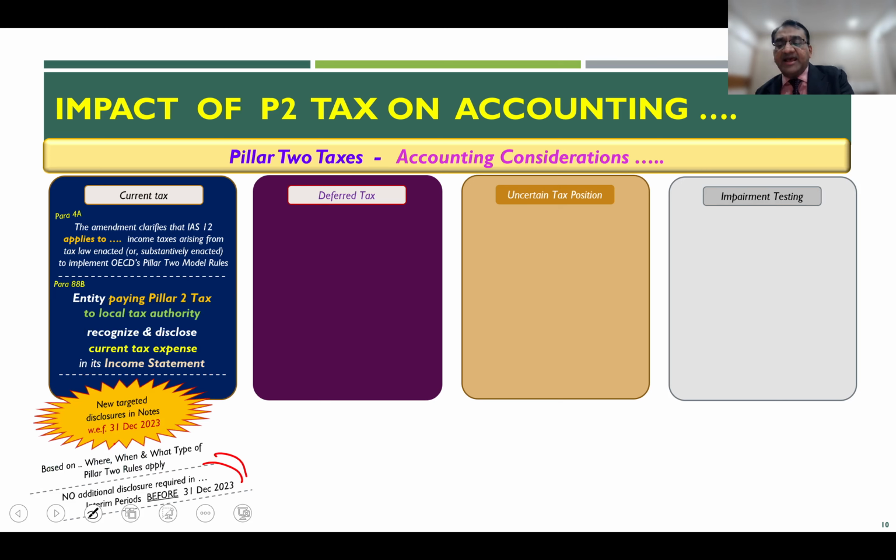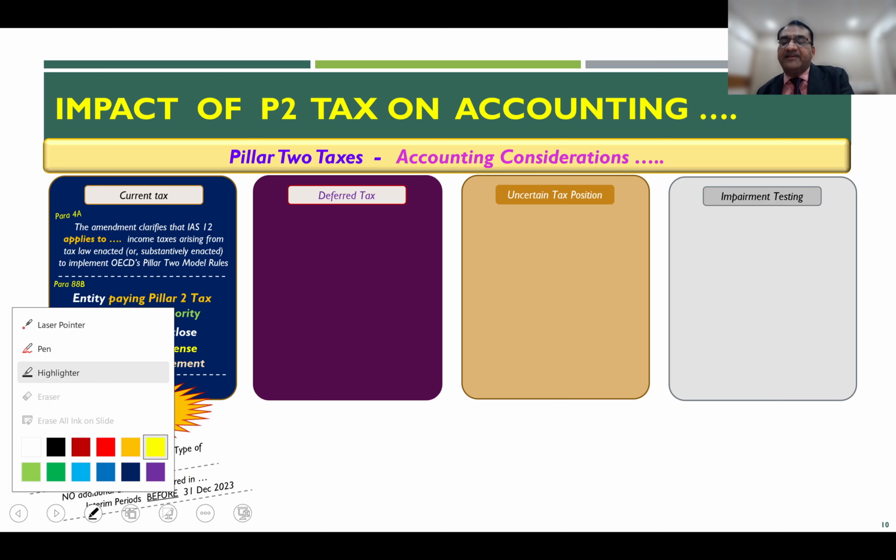Now, as I said, these new targeted disclosures are effective from 31st of December 2023. But no additional disclosure is required in interim periods prior to 31st of December. That means only prospectively from 31st of December are these targeted disclosures required to be given, not in the prior period.